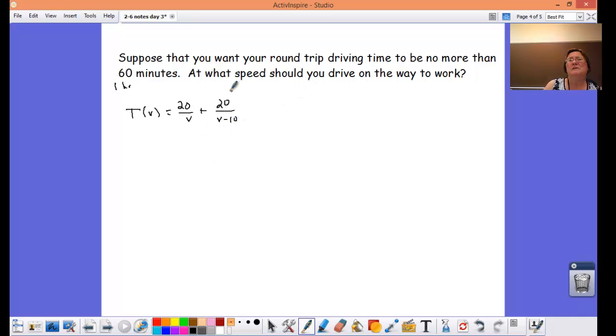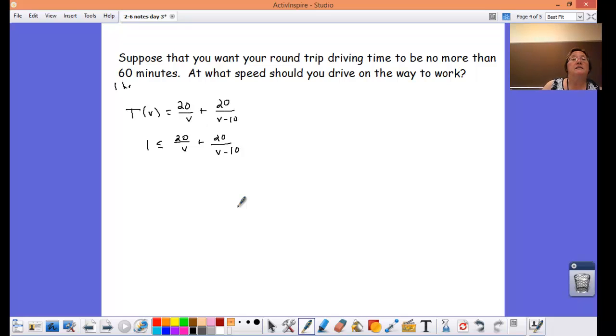And this question says, what if we want to drive no more than 60 minutes per day or 1 hour per day? Then the total time we want to be less than or equal to 1, although that's not going to change our mathematics, and again, velocity is the variable here. We don't know. We're asked to find a speed. So we have a rational equation here to solve, folks.